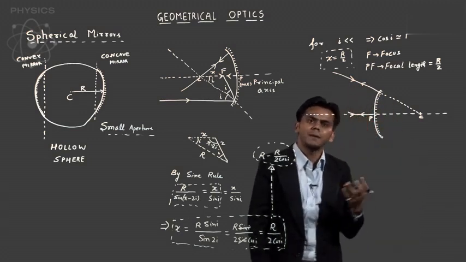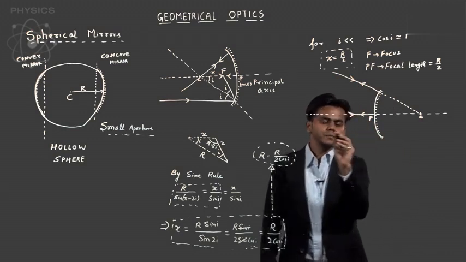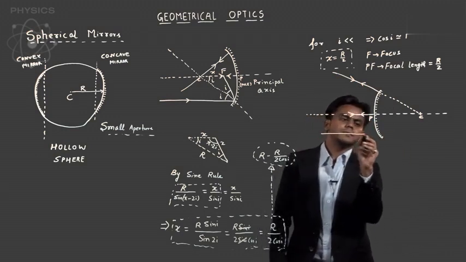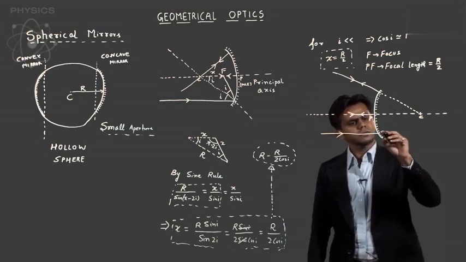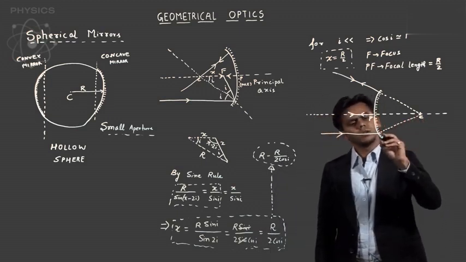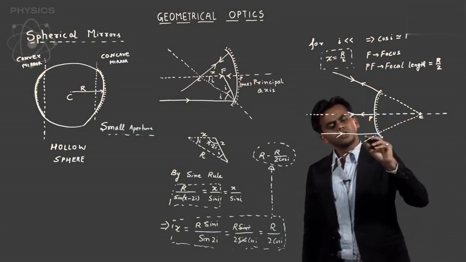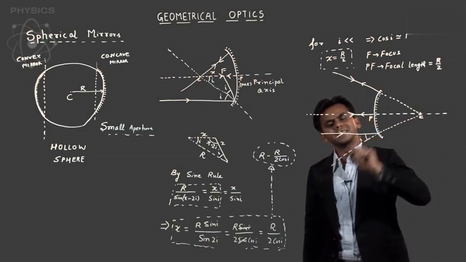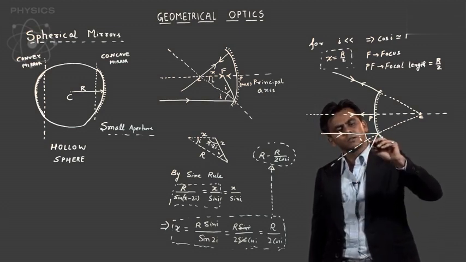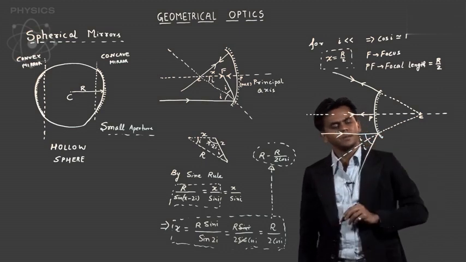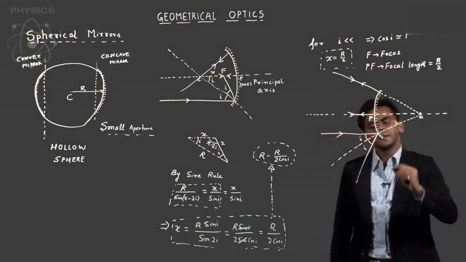What happens if you have a parallel ray? Let's see. If you have a parallel ray, let's make a normal. This is a normal. So this is your angle of incidence, which would be equal to this angle, I, r equal to I essentially.